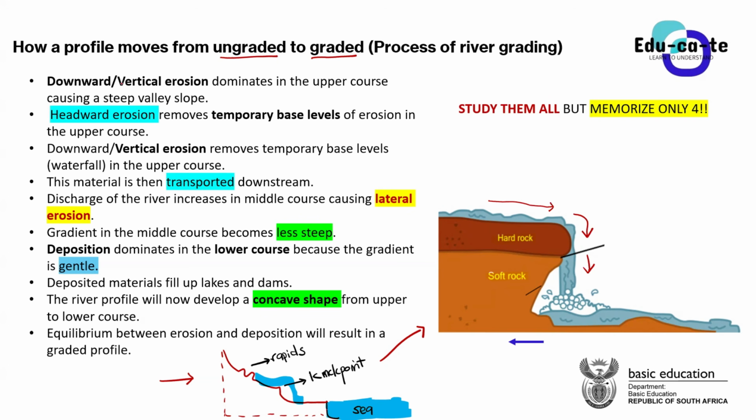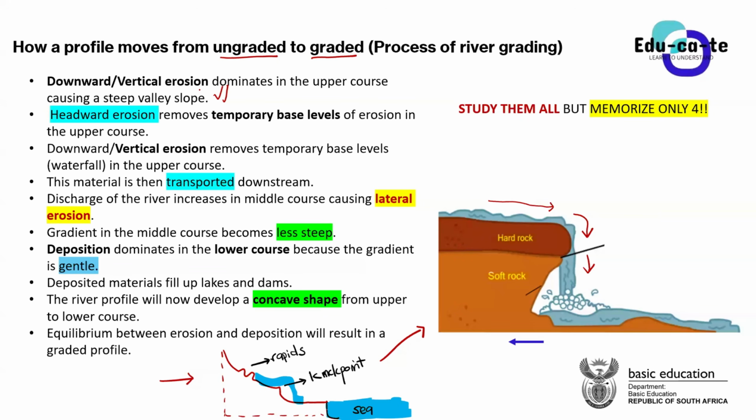The downward or vertical erosion dominates in the upper course, causing a steep valley slope. That is the first thing that we're going to talk about. I already explained to you guys the river profile. I already made sessions based on the river profile. So you are aware that this is happening at the upper course, where vertical or downward erosion is dominating.